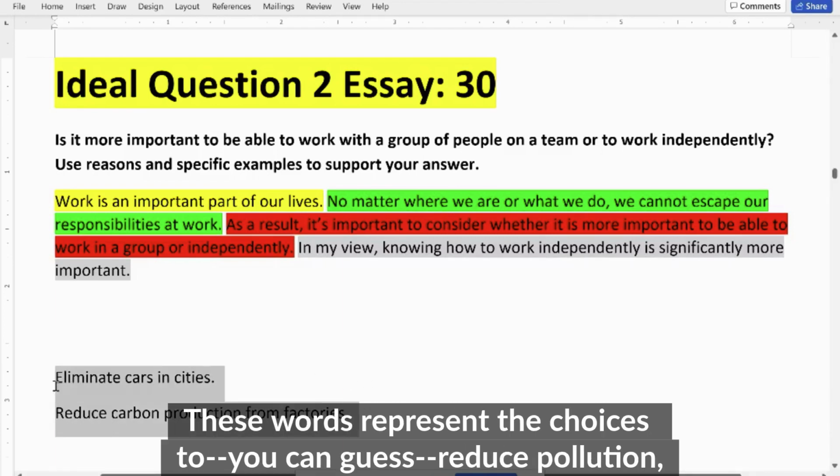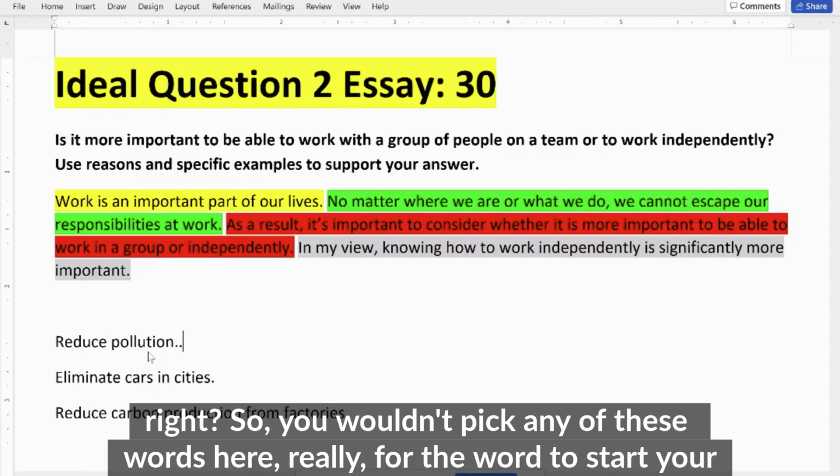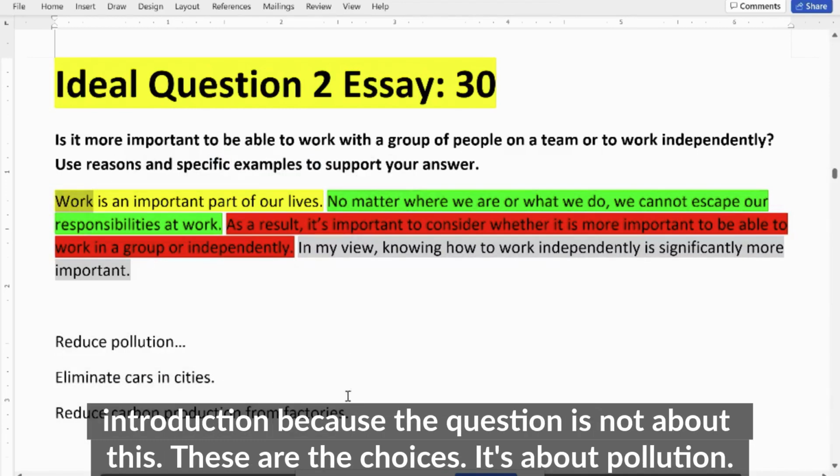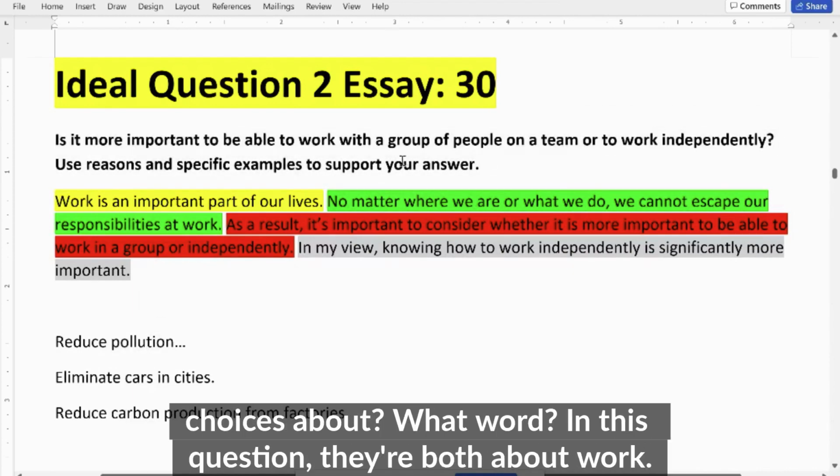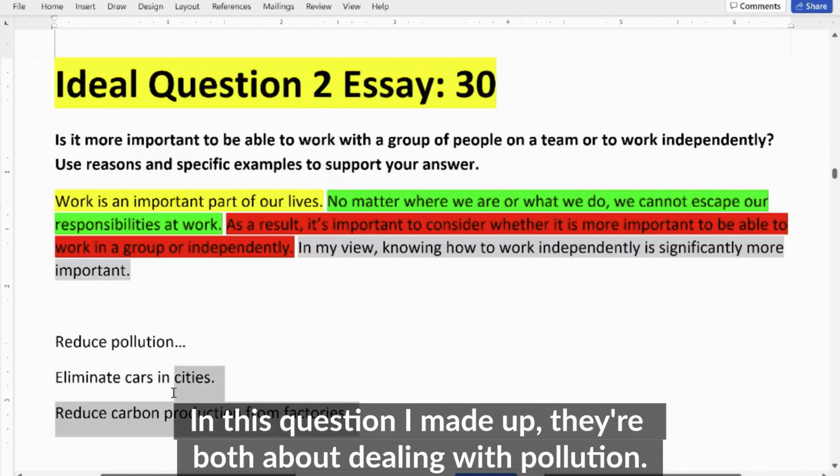These words represent the choices to, you can guess, reduce pollution, right? So you wouldn't pick any of these words here, really, for the word to start your introduction because the question is not about this. These are the choices. It's about pollution. So when you read the question, you want to think, okay, what are both choices about? What word? In this question, they're both about work. In this question I made up, they're both about dealing with pollution.